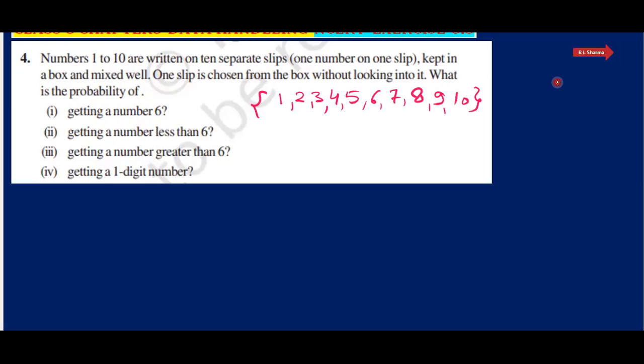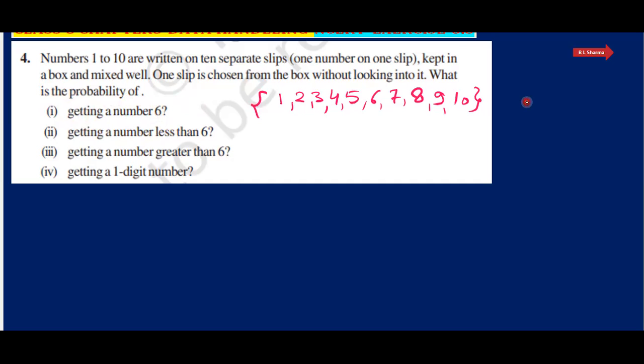These numbers we write on separate slips. Numbers 1 to 10 are written on 10 separate slips, one number on one slip. Kept in a box and mixed well. इन सबको एक बॉक्स में रखा और मिक्स किया सब ढंग से. One slip is chosen from the box without looking at it. What is the probability of getting a number 6?